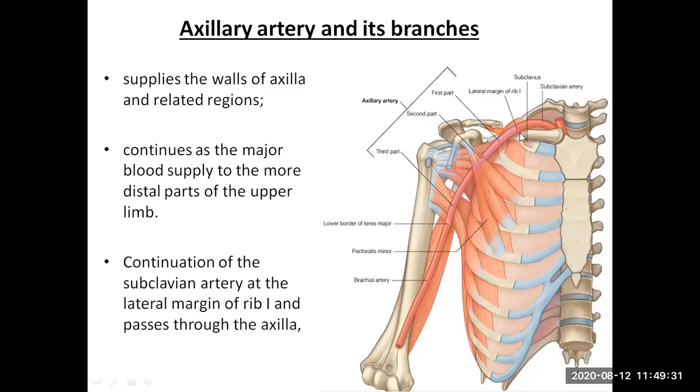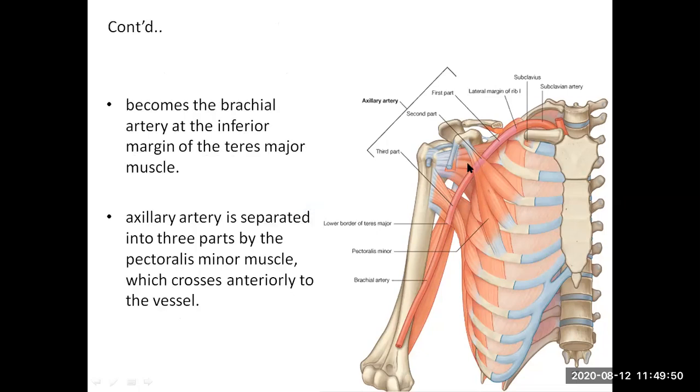Can you follow my pointer? From here to here, it is the axillary artery. It becomes the brachial artery at the inferior margin of the teres major muscle, that is, when it leaves the axilla.